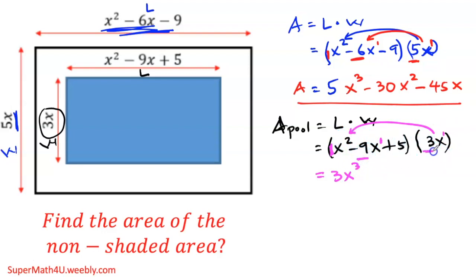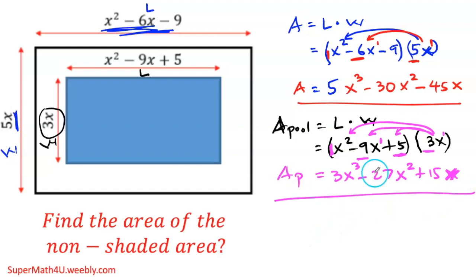Negative 9 times 3 is negative 27. X to the first times x to the first is x to the second. I add the exponents. Last but not least, the next one is 3x times 5. 3 times 5 is 15, and I keep the same variable x, right? So it's 15x, and this is the area of the pool.